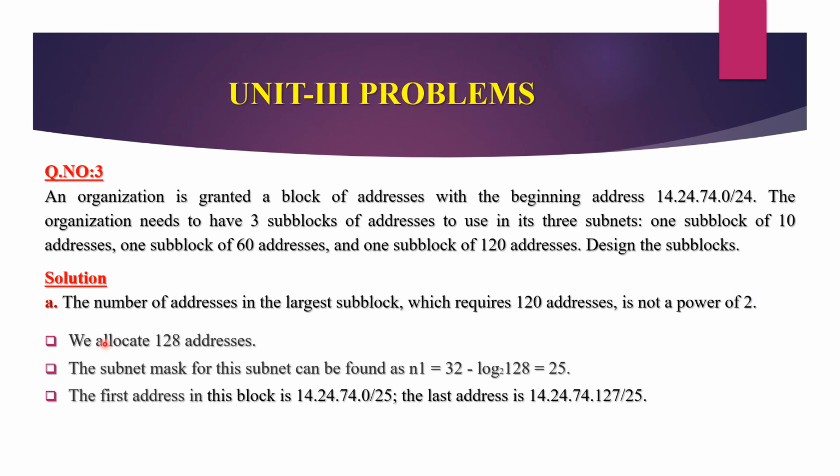Let us take the first one, the largest subblock, which requires 120 addresses. 120 is not a power of 2, so we allocate 128 addresses, which is a power of 2. The subnet mask for this subnet is found by n1 = 32 - log2(128), that is 25.